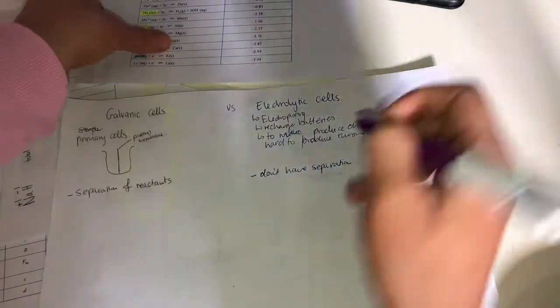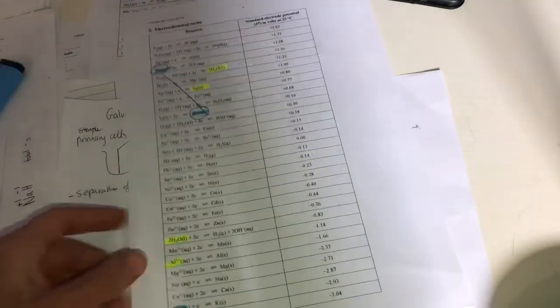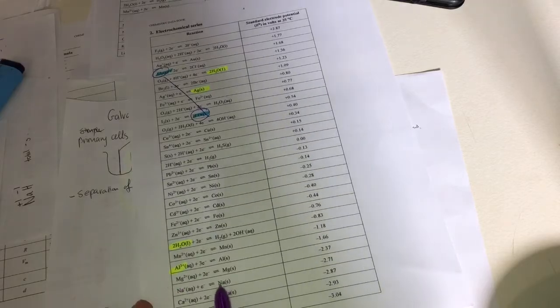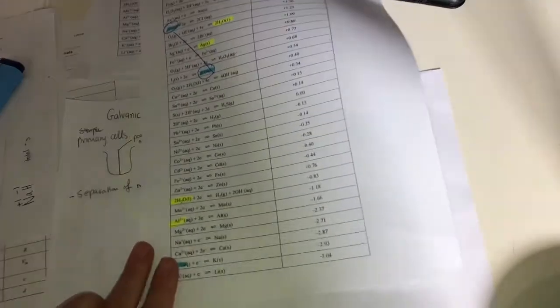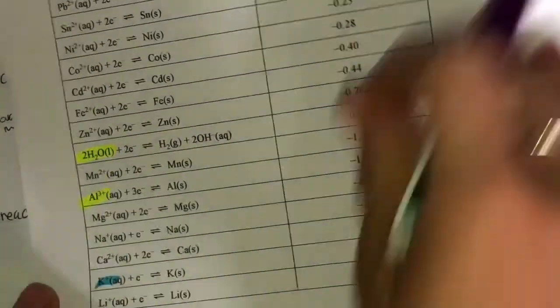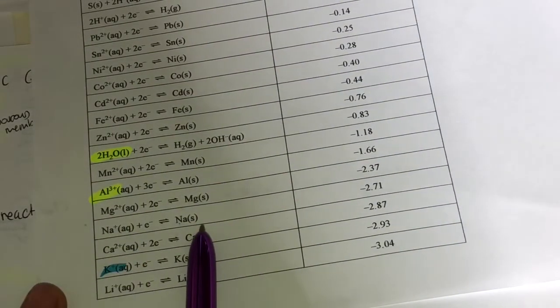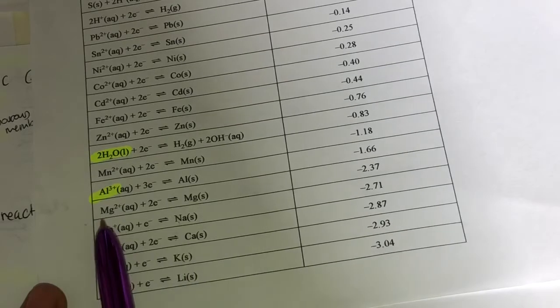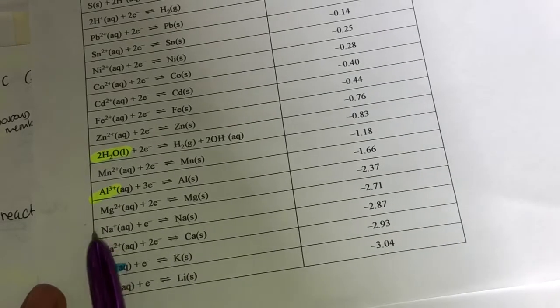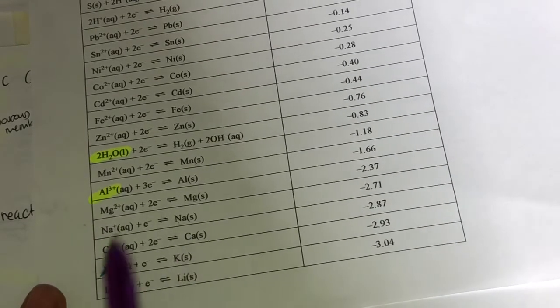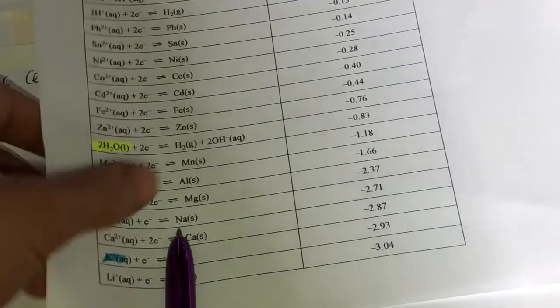For example, if you want to produce pure sodium, because sodium is so far down on the series, it's actually really hard to reduce into sodium solid. So it's very hard to produce this, and we can do that through electrolysis.